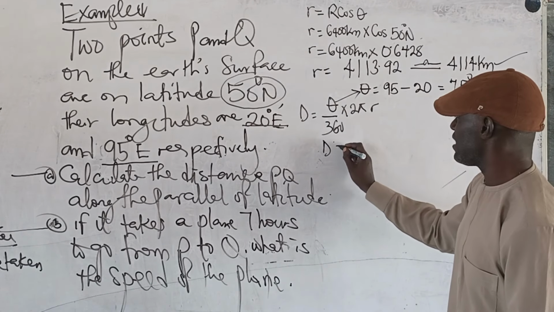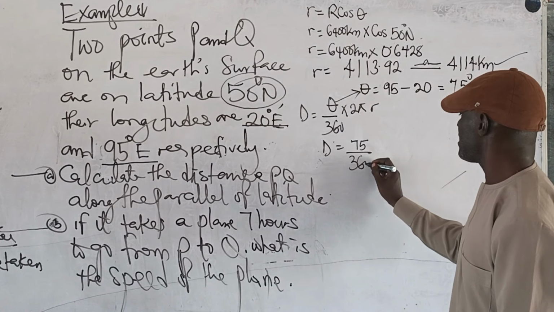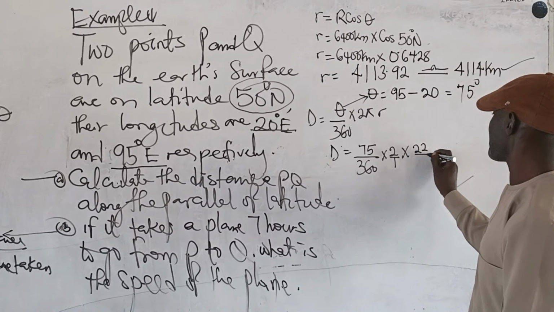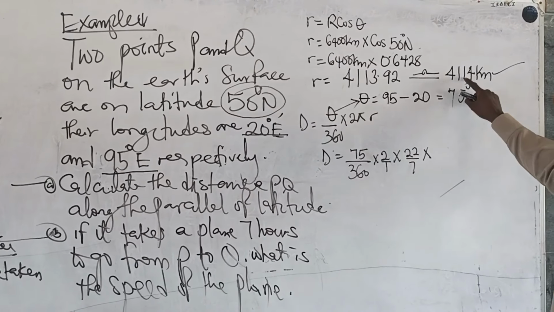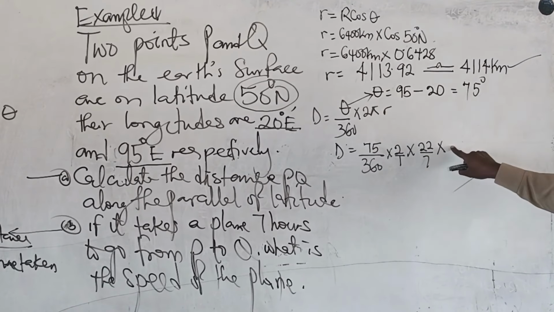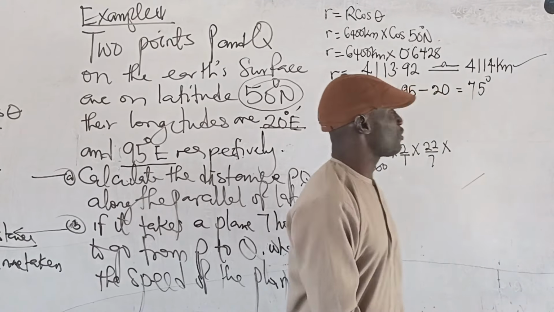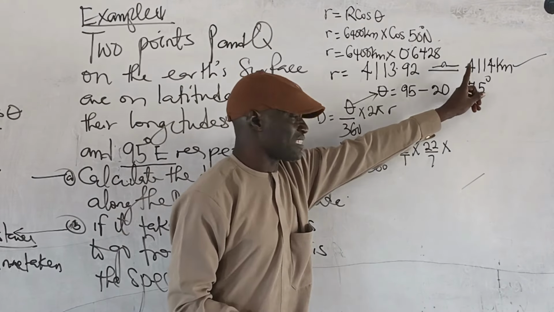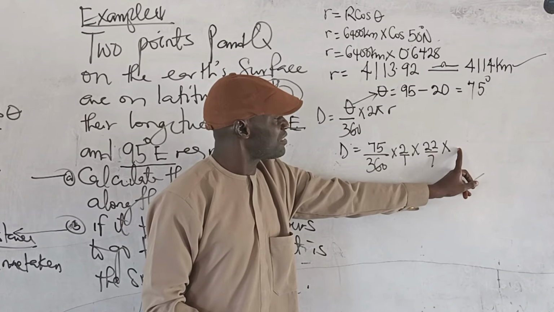So D equals 75 over 360 times 2 over 1 times 22 over 7 times, don't forget our small r. We are not going to write this figure here because of the 2 marks we have here, which is very important. Just put your result here. You are still coming back to write it, but not yet.